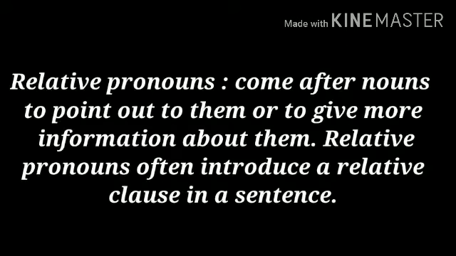Moving on to the next one, that is the last type of pronouns, relative pronouns. They come after nouns to point out to them or to give more information about them. Relative pronouns often introduce a relative clause in a sentence.